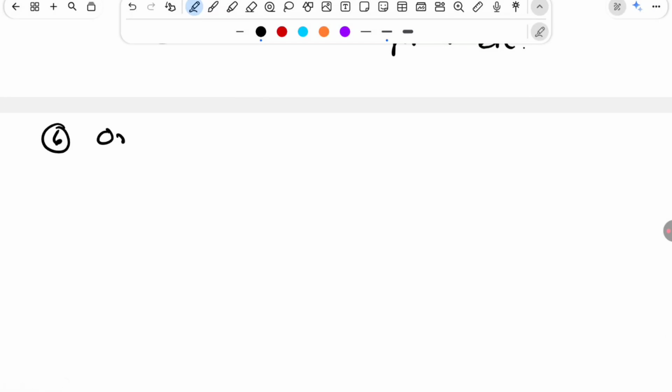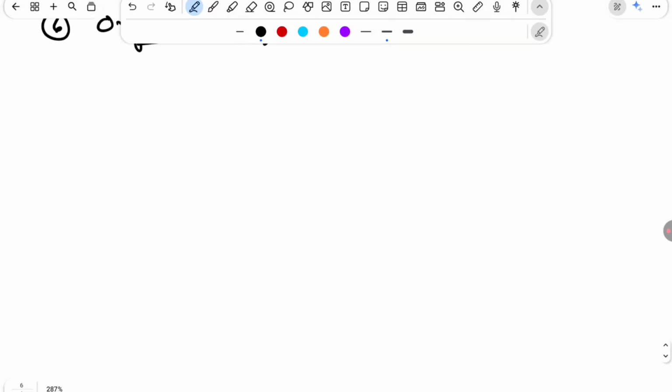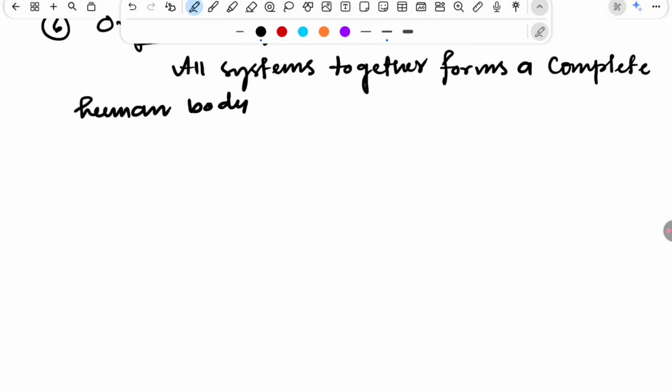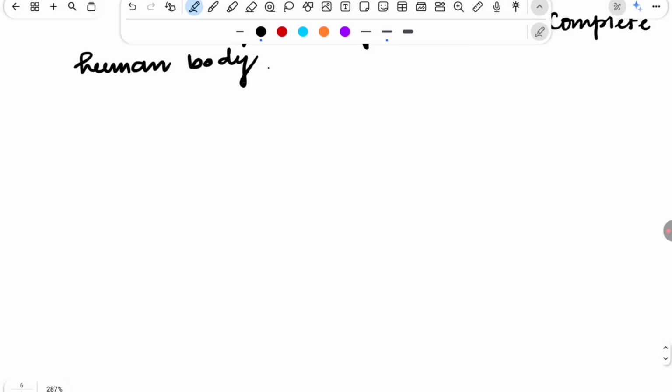Okay, next and last one, that is organism level. All systems together form a complete human body. Okay, complete human body.